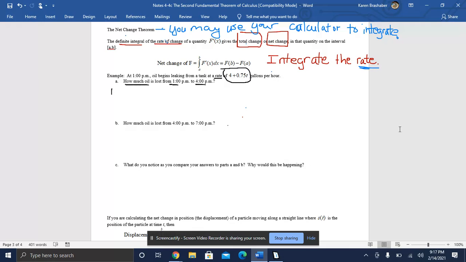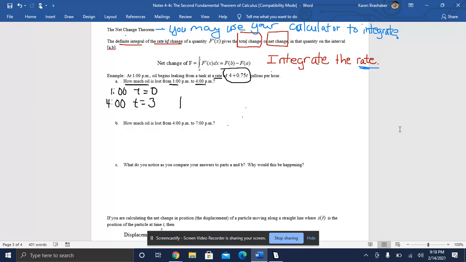So that's the first thing I want to talk about on this. 1 o'clock is our time 0. That's the beginning of the accumulation. And 4 o'clock is then telling us that 3 hours have passed. So we'll go from 0 to 3.